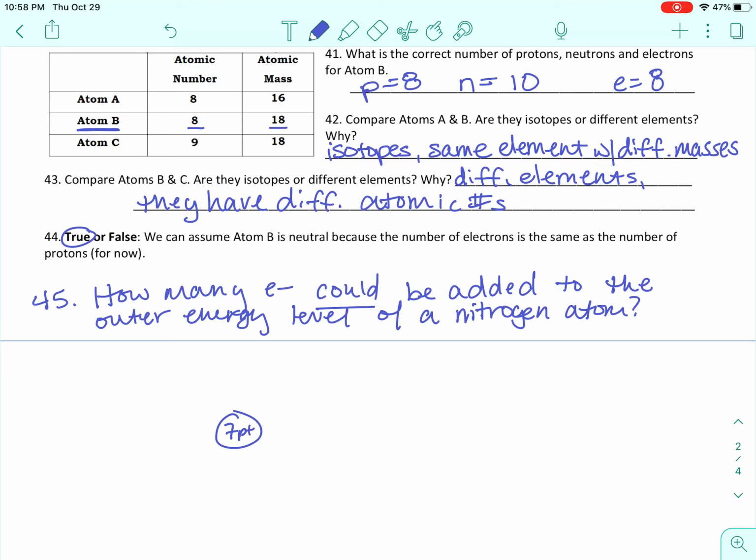Okay, 7 protons. And we're going to draw some energy levels. Whoa, that was not a circle. Okay, so there, change color here for my electrons. Remember, the first energy level can have 2 electrons, and we need 7 total, so that means we need 5 more.